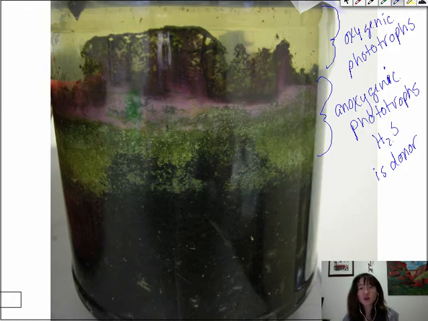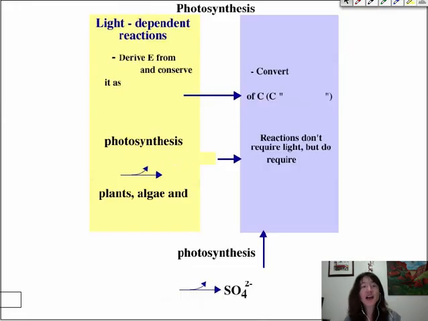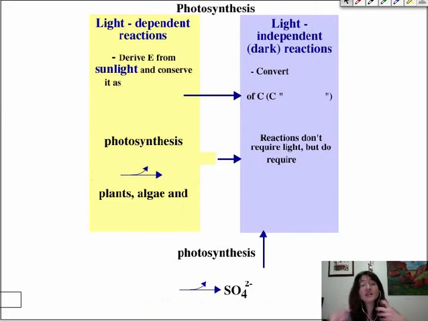So let's take a quick look at the two types or the two reactions into which we can split photosynthesis. On the left, the light-dependent reactions. On the right, the light-independent or dark reactions. The light-dependent reactions, of course, by sheer virtue of definition, are those that require light in order to harness the energy of that light and convert it into chemical energy in the form of ATP.